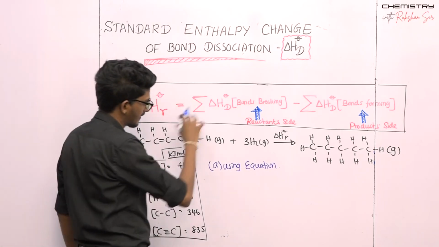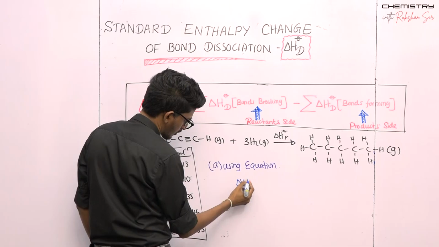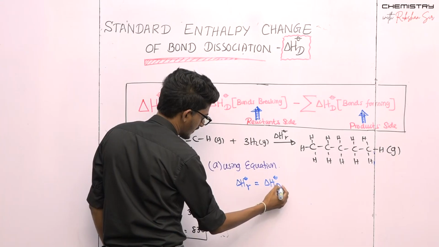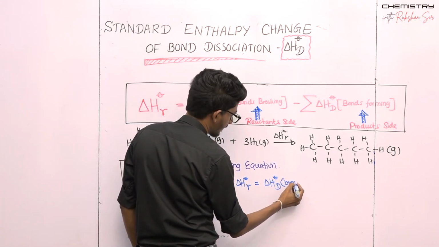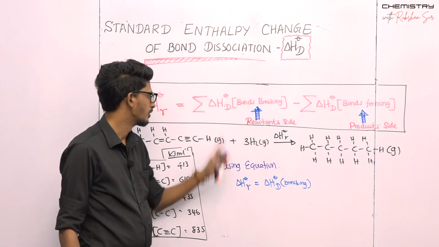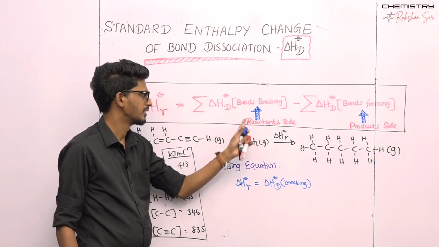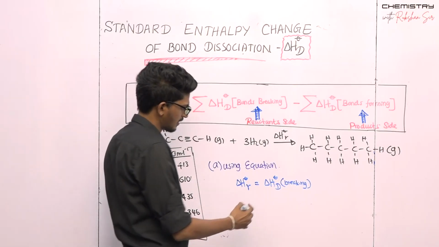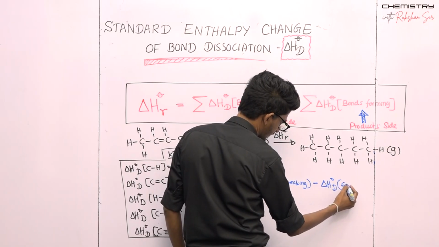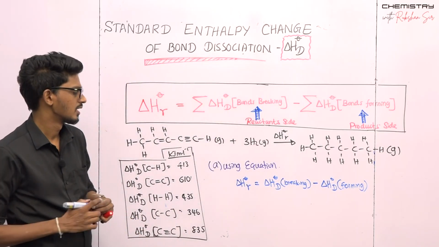So first thing, coming up with the correct equation, that is this: delta H naught of reaction is equal to delta H naught D of breaking bonds. Just write like this, that is enough. No need of writing the sigma always, and no need of the bonds. D breaking, that is okay. Breaking bonds minus delta H naught D forming bonds. Keep that in mind with this equation.